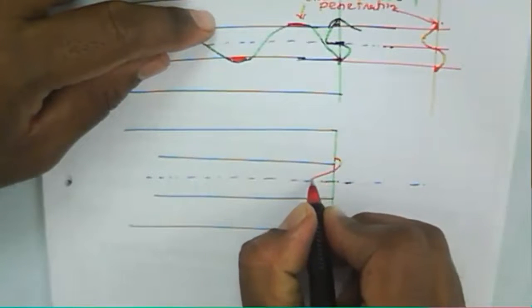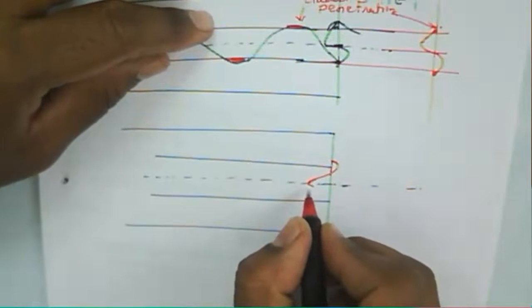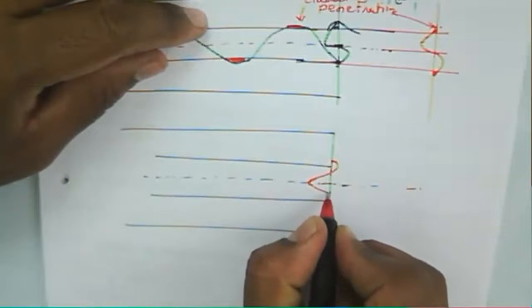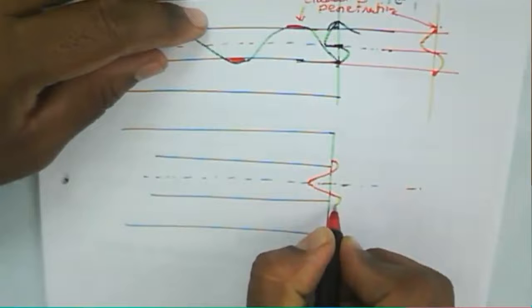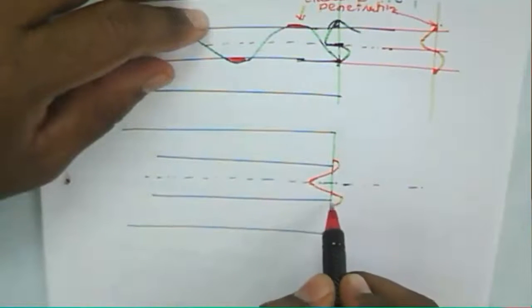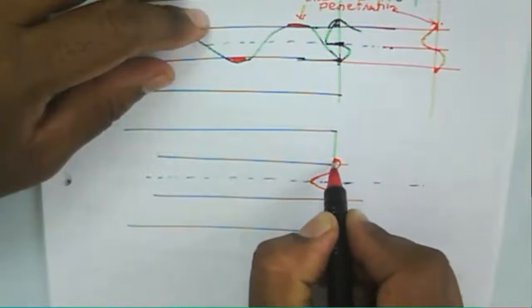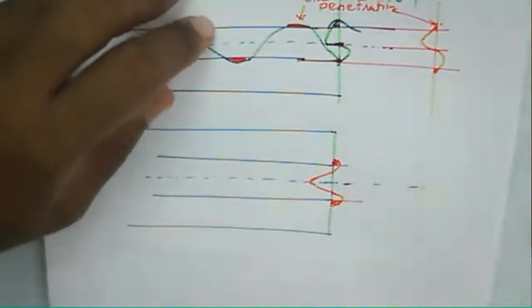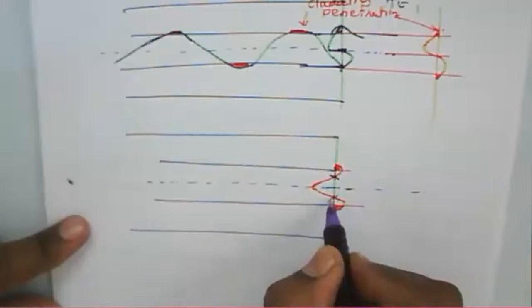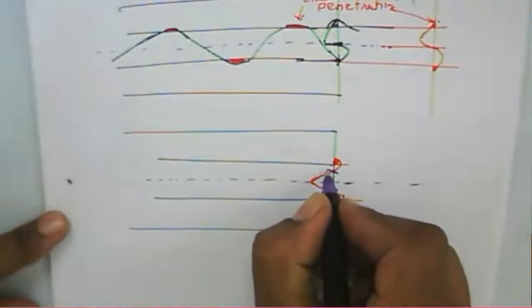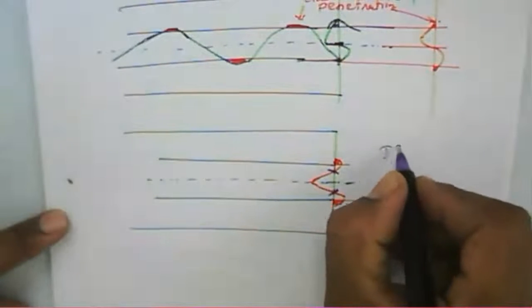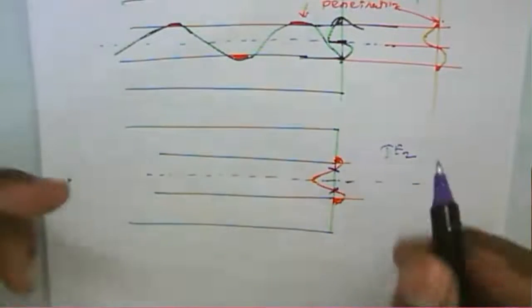Here the peak occurs for the given field. This is the penetration, and here this is another penetration, and the field is crossing here. This one is one, this one is another. So for the given axis, the field is crossing twice. That is why that mode is called a T2 mode. Similarly, if the field is crossing thrice, it is called a T3 mode.